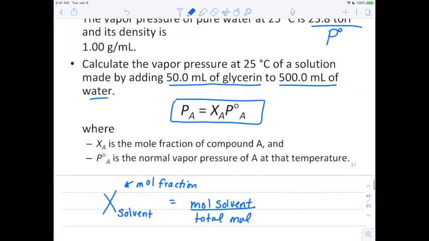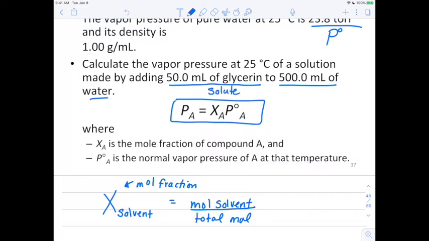Okay, so next up, let's figure out which one is our solvent and which one is our solute. So if you had to guess which one is the solute, glycerin or water? Excellent. So I see Andrew saying glycerin. How about the rest of you? Excellent.